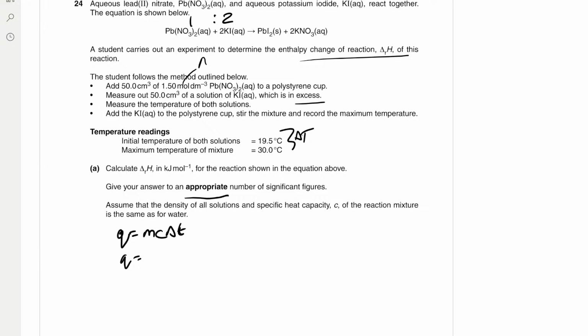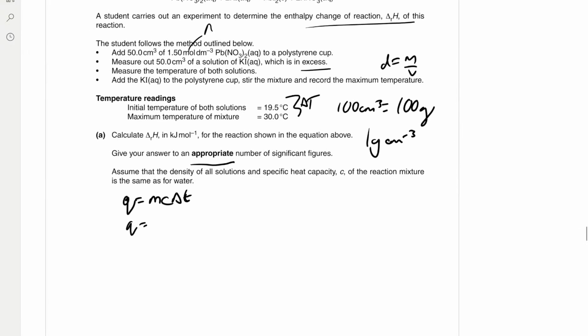But when we're adding two solutions together, the energy released is going to heat the entire volume, which is 100 centimeters cubed. And 100 centimeters cubed is 100 grams because the density of water is 1 gram per centimeter cubed. So if you use your formula, density equals mass over volume, you can work out what that means.